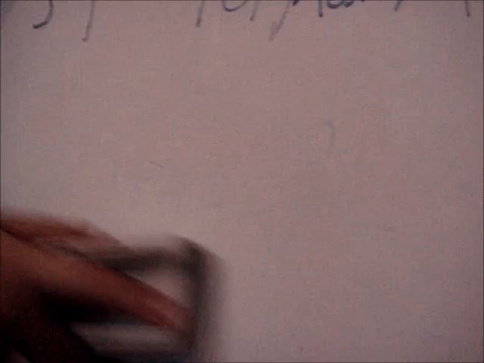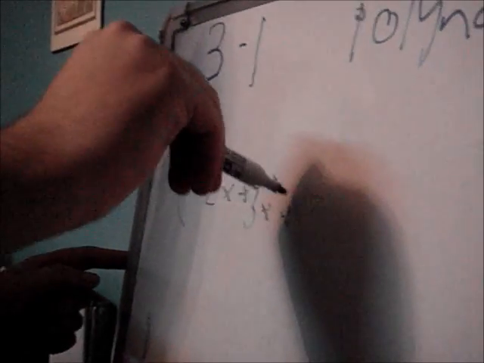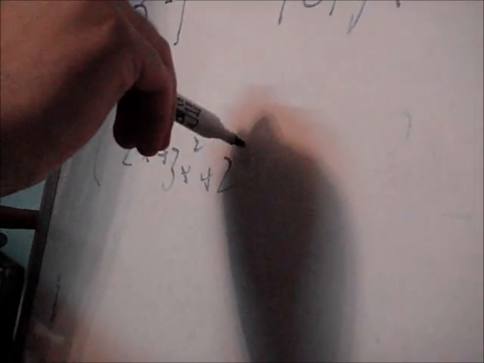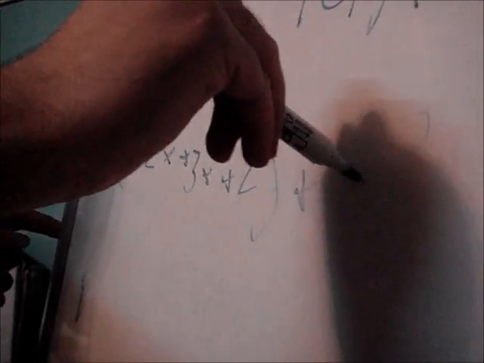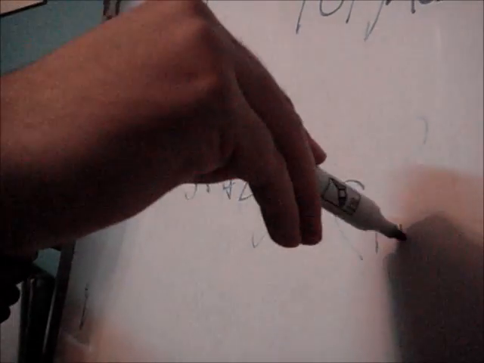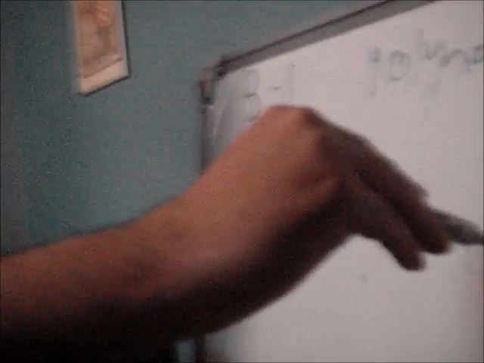Now, in order to subtract or add, we should follow the same pattern. So for example, we have 2x plus 3x squared plus 2, plus 1 plus x cubed.